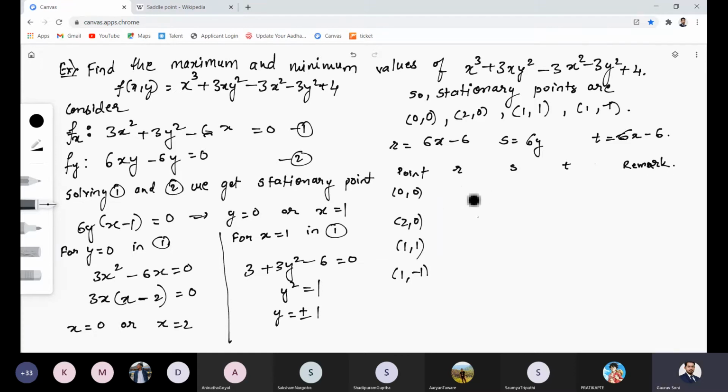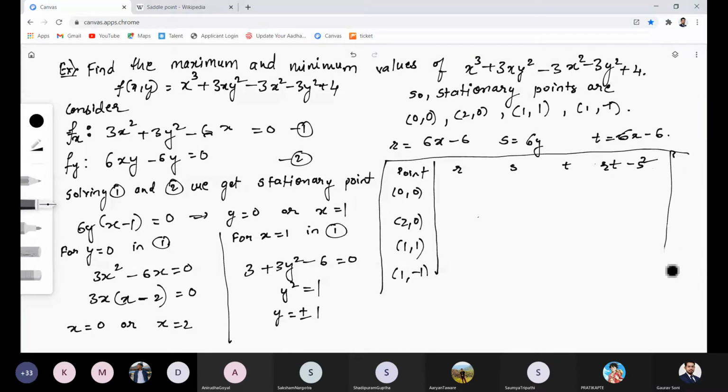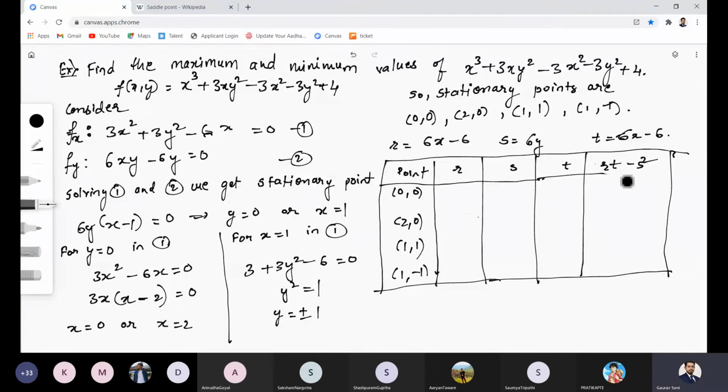Then rt minus s square is remaining, so one more column is rt minus s square. If you have the chart with you, well and good, that will be better to understand this. So we have r here.